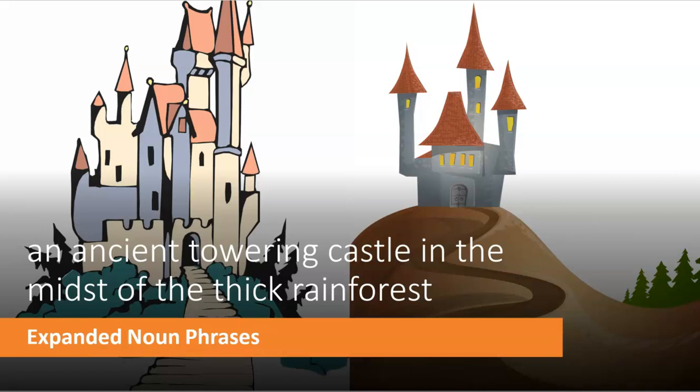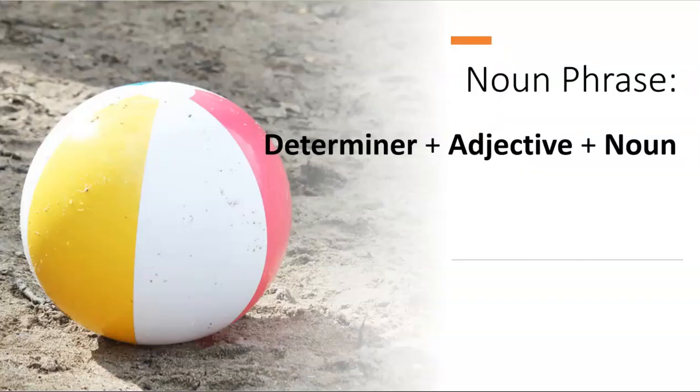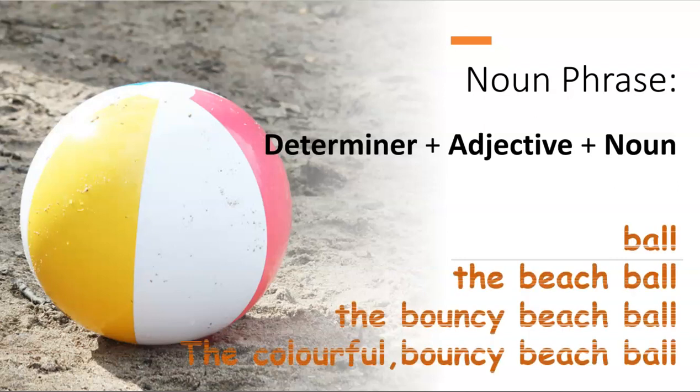Today we are looking at expanded noun phrases. We know what a noun phrase is made up of. Yes, it's made up of a determiner, words like my, the, a, an adjective, which is a descriptive word, and a noun. For example, we have ball.